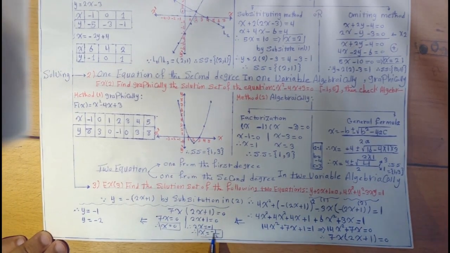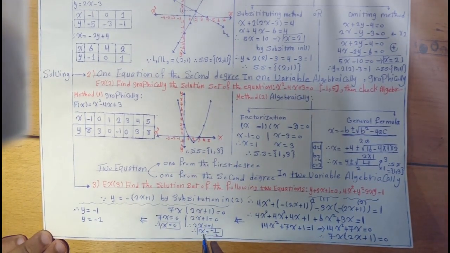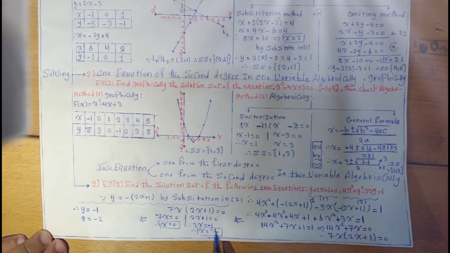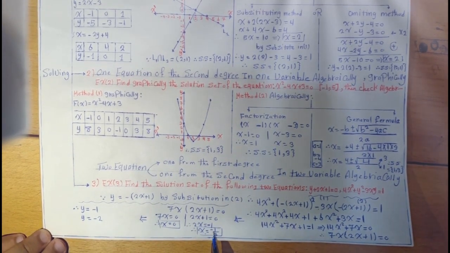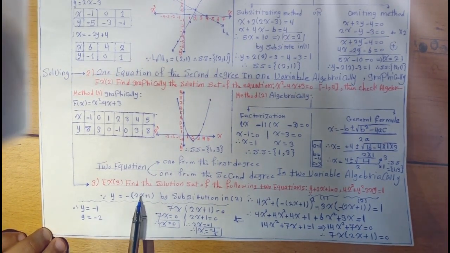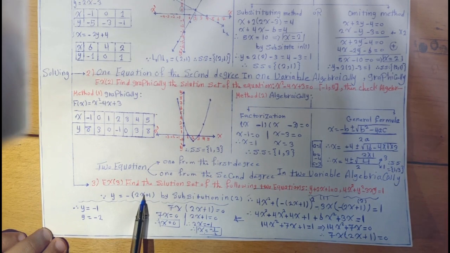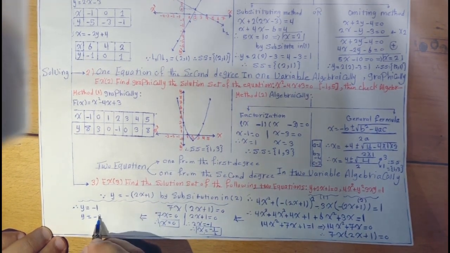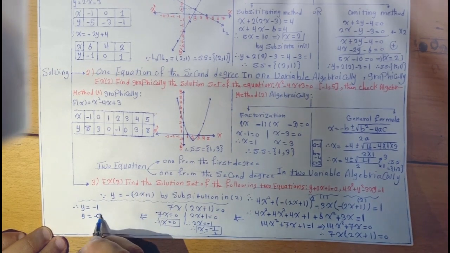Again, by substitution of the value x equals negative half, then y equals negative 2 times negative half equals negative 1. Negative 1 plus 1 equals 0. Yes, equals 0.